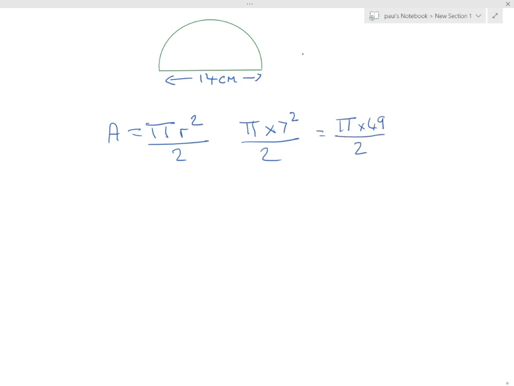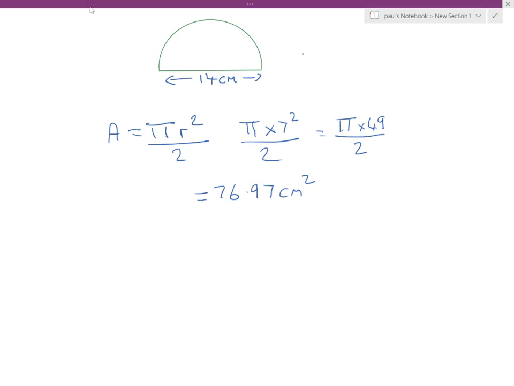I'm going to do everything to decimals from now on. So shift pi times 49 divided by 2, which is 76.97 centimeters squared. Right, so we just use the same formula and divide by 2.